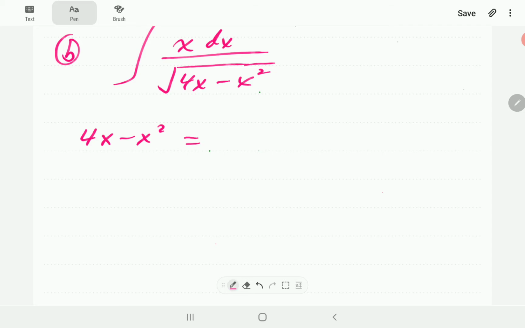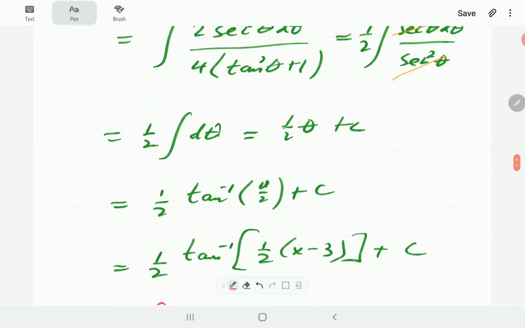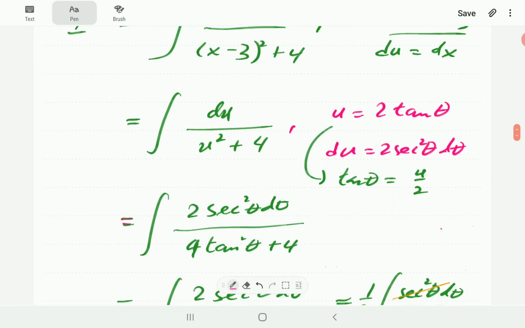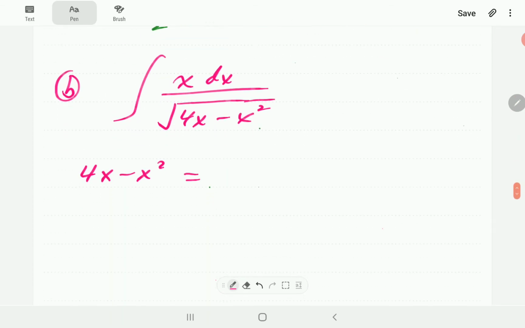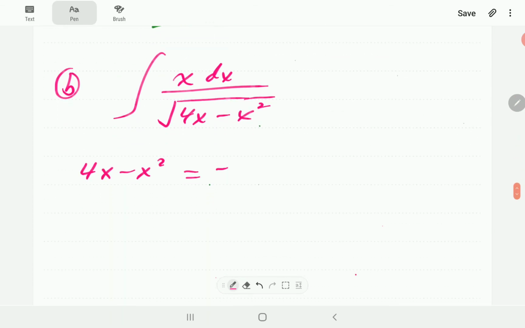Now notice whenever we complete the square, we need the coefficient of x squared to be 1. In this case it is -1, so we're going to factor out -1 and then write this as x squared minus 4x.